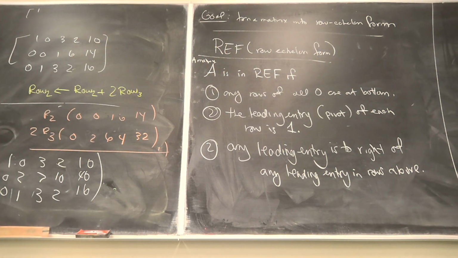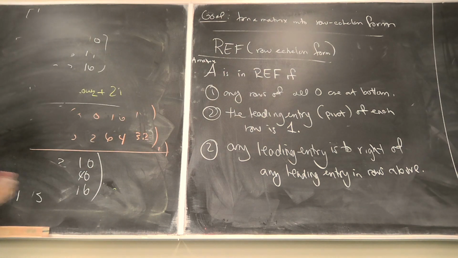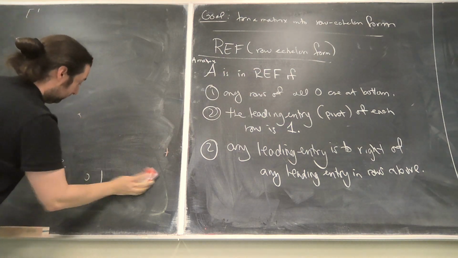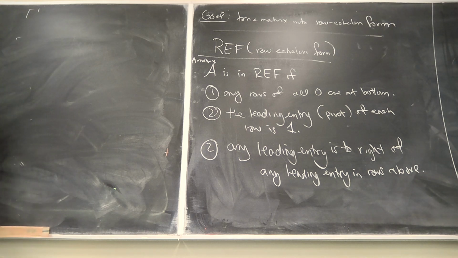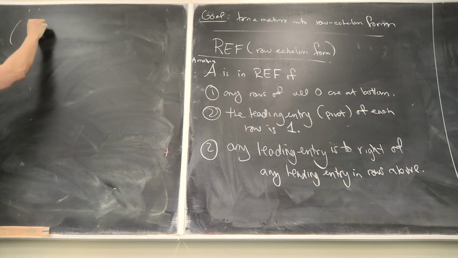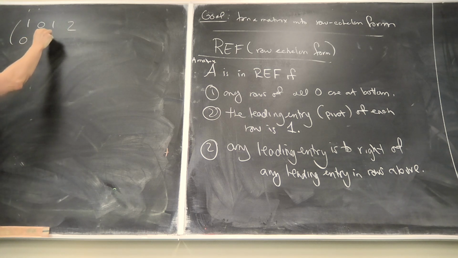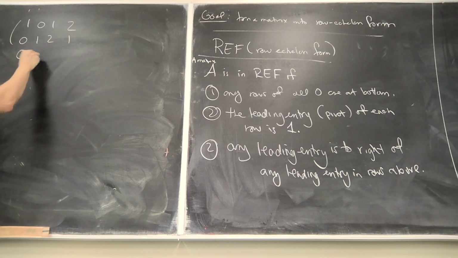For a lot of these definitions, a picture is going to be easier than the description. So let's take a look at a couple of matrices that are in row echelon form and then one that isn't. 1, 0, 1, 2, 0, 1, 2, 1, 0, 0, 0, 0.